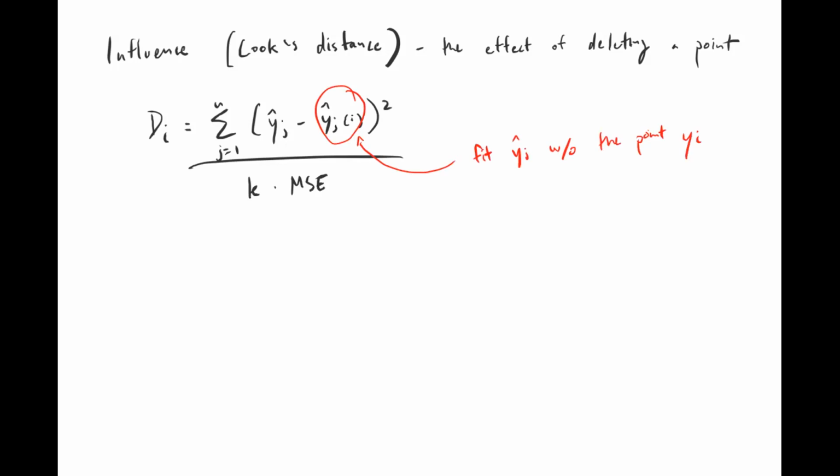Okay, and so we're going to see that the way influence is measured also looks for outliers, but that leverage and influence look at points a little bit differently. And we're going to be able to see that in the examples that we give.